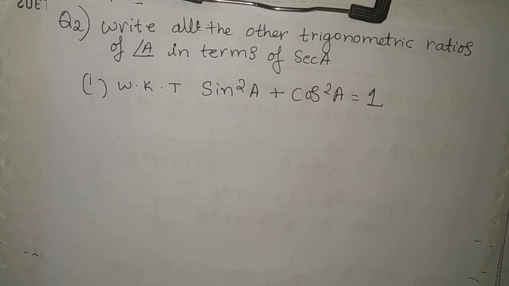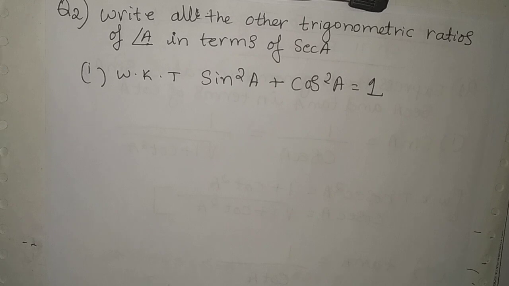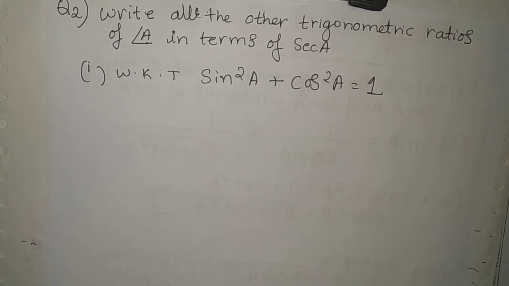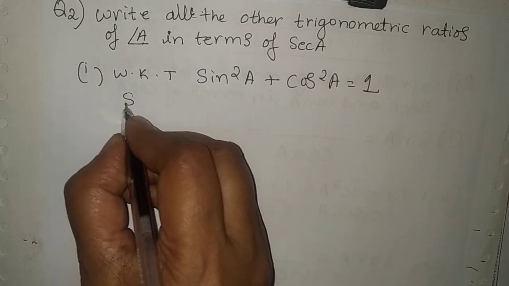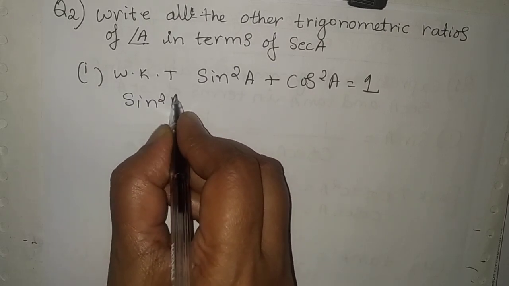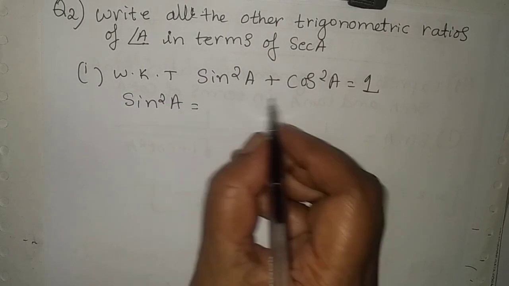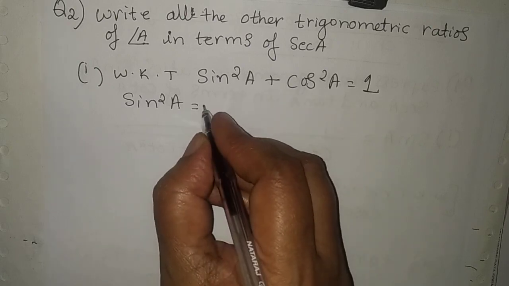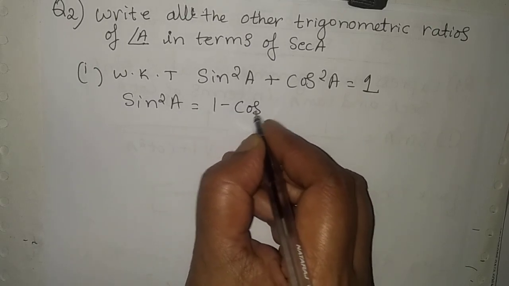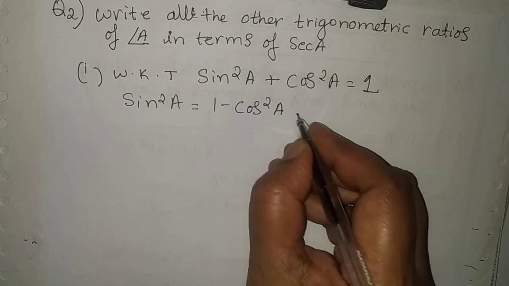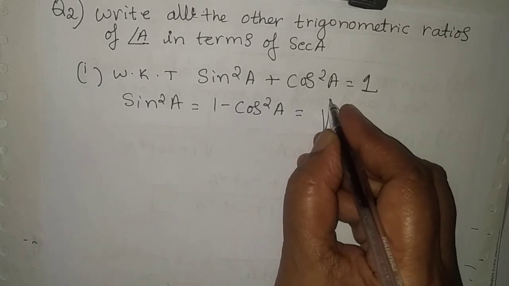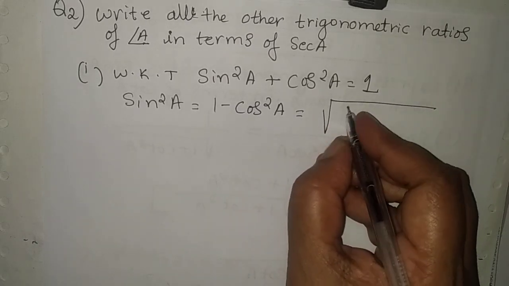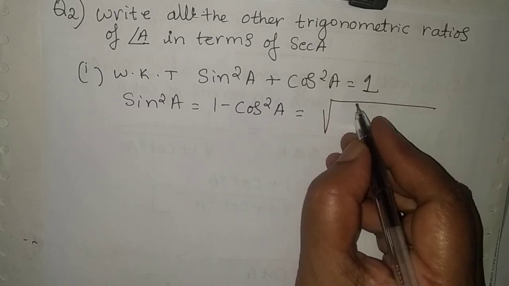So sine square A is equal to 1 minus cos square A, which we can write, and all we have to write in the secant form. So first we have taken this.